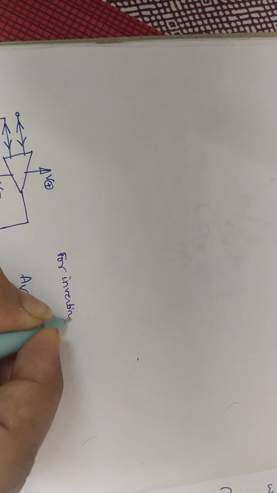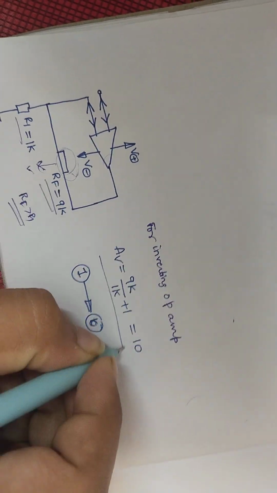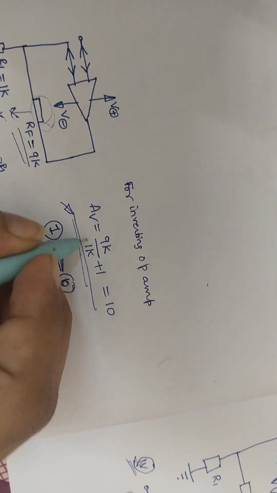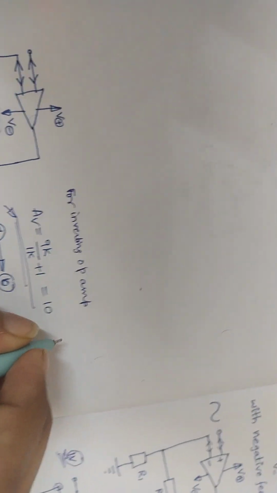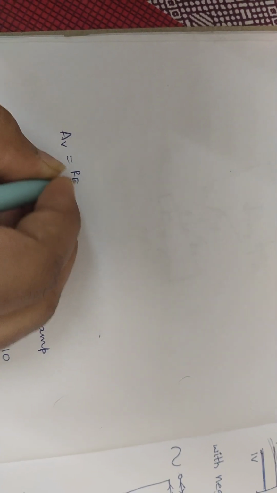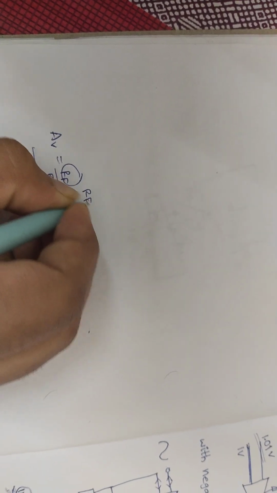For the non-inverting operational amplifier, the internal voltage gain is AV equal to RF by R1 plus 1. We know that RF is always greater than R1.